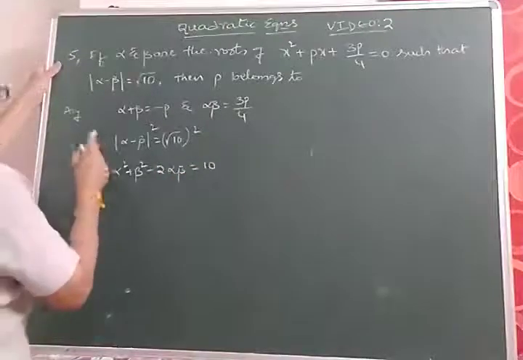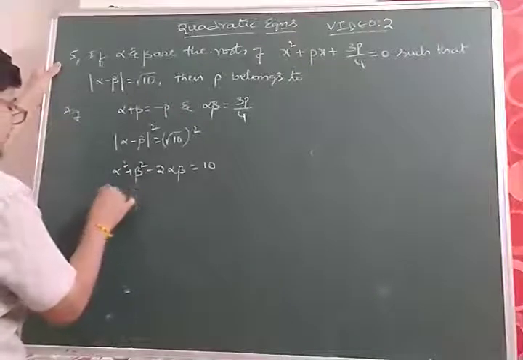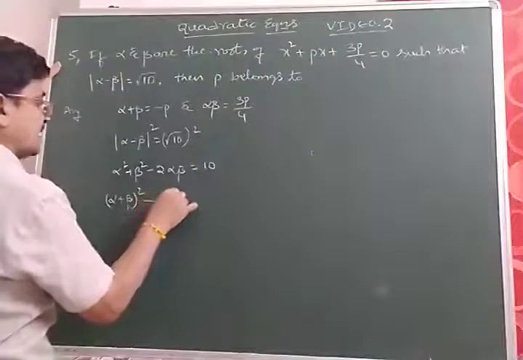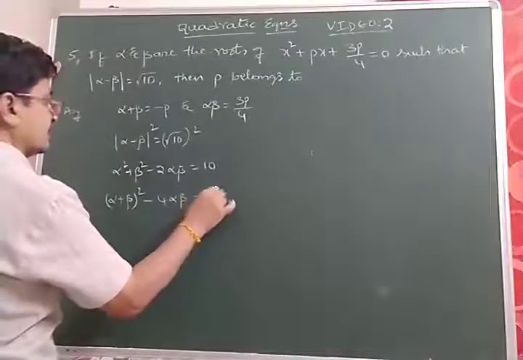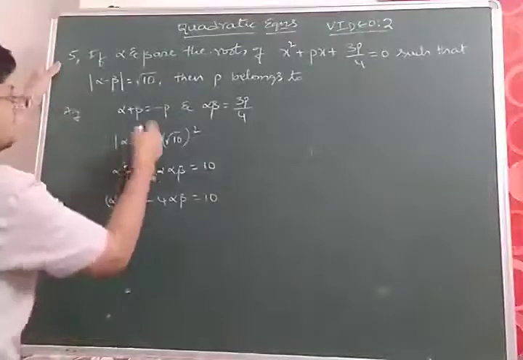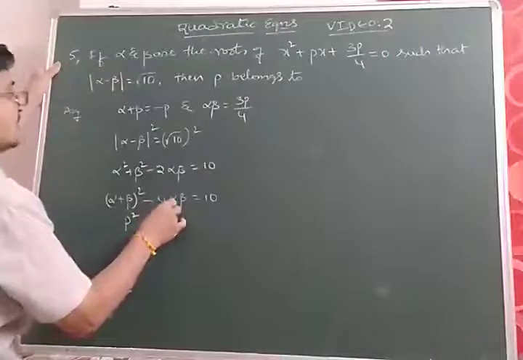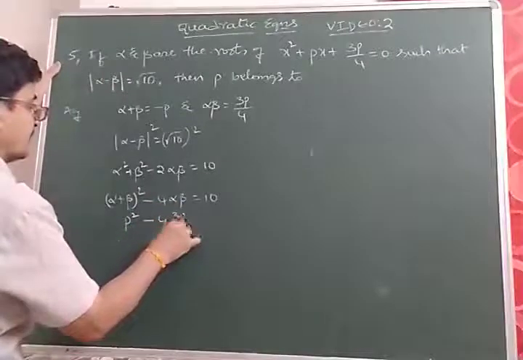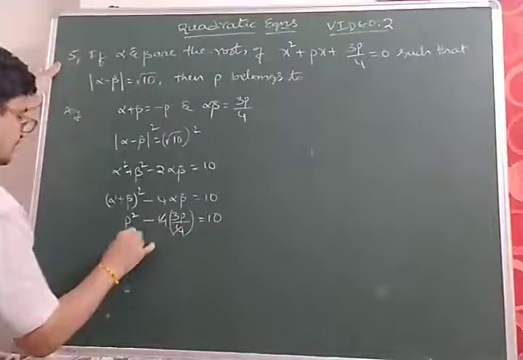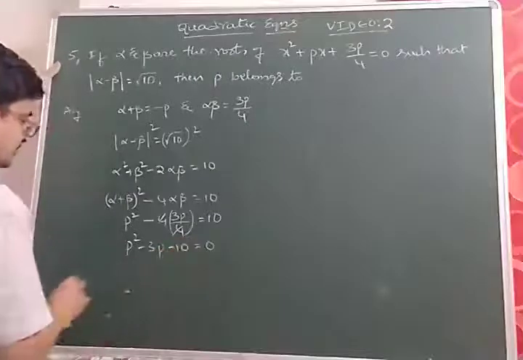Here alpha square plus beta square can be written as alpha plus beta whole square minus 2 alpha beta, minus 2 alpha beta means minus 4 alpha beta is equal to 10. Now its value is minus p whole square, means p square, minus 4 into alpha beta, which is 3p by 4, is equal to 10. 4 cancel. P square minus 3p minus 10 is equal to 0.